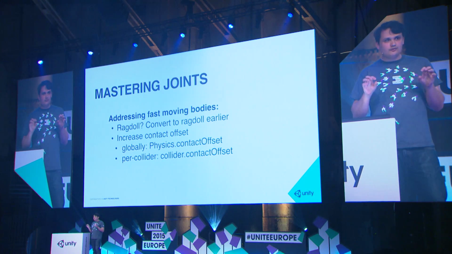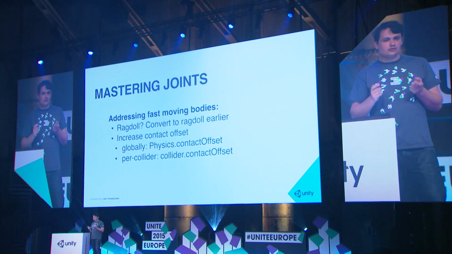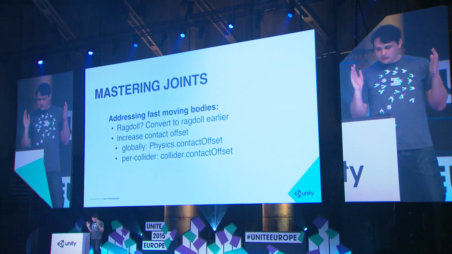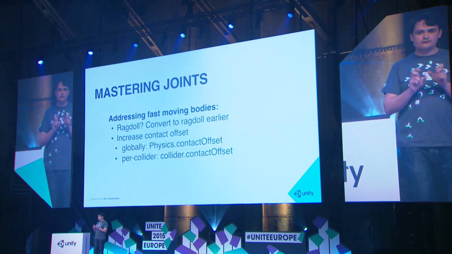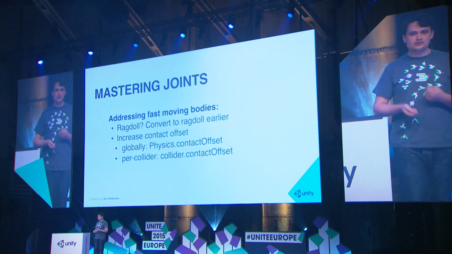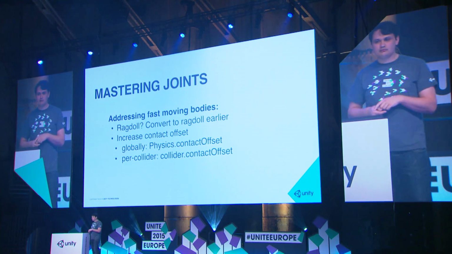So when physics sees that the pair of colliders are closer than the sum of their respective contact offsets, then it starts generating contacts. By default, we have a really small value which suits a lot of cases, but not the fast-moving objects. You need to make sure that your fast-moving object doesn't have a contact offset of just a few millimeters.